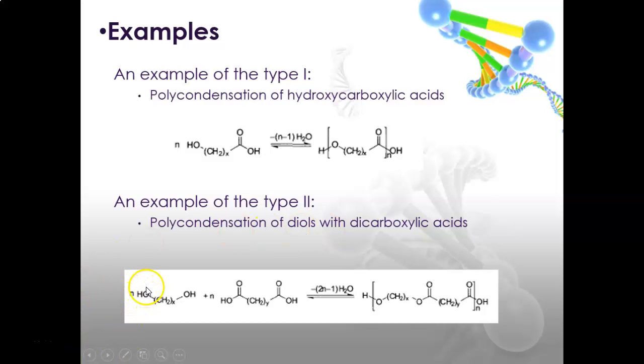In diol, we can see they have an OH functional group and another OH functional group, meaning it has the same functional group in a monomer. Maksud dia ada satu jenis functional group dalam satu monomer. Okay. Untuk yang ni pun dia ada satu jenis, iaitu COOH.